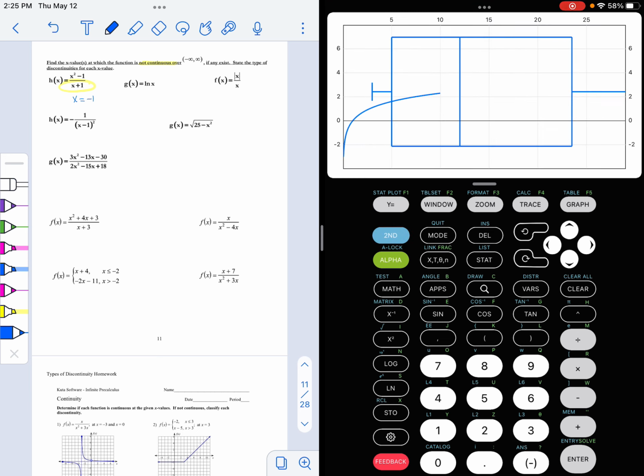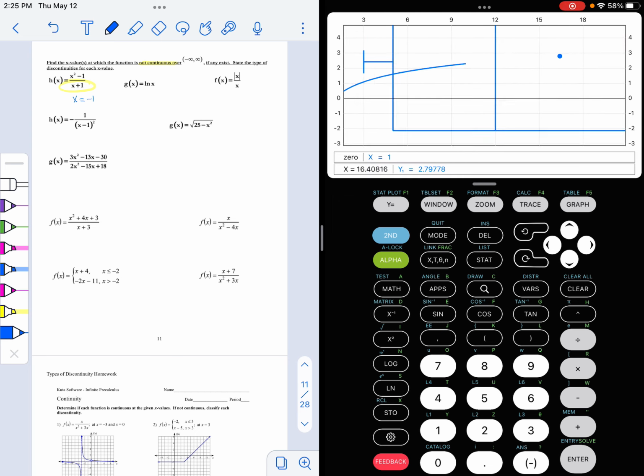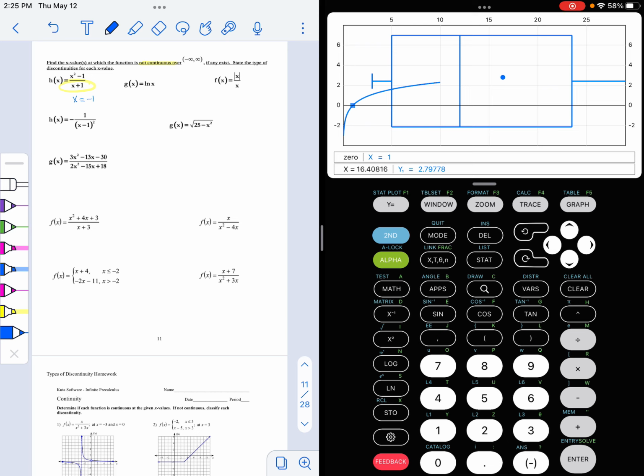I'm not sure why that box plot is still showing up. I turned my plots off. Anyway, if we take a look at this graph, your natural log graph is the one that's curved.